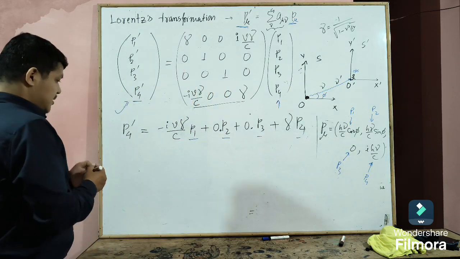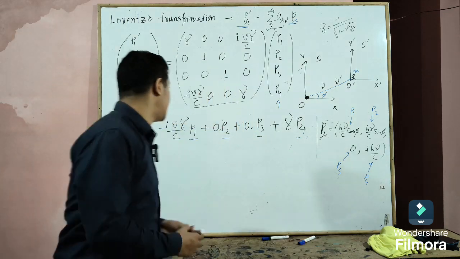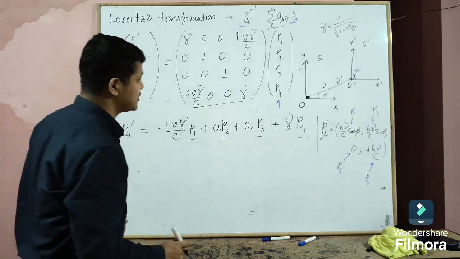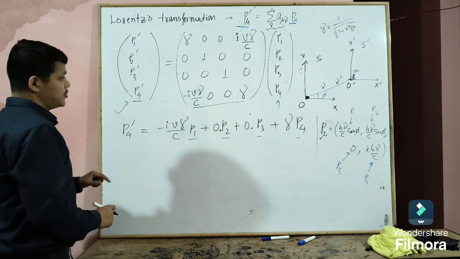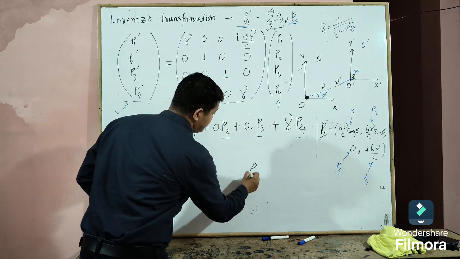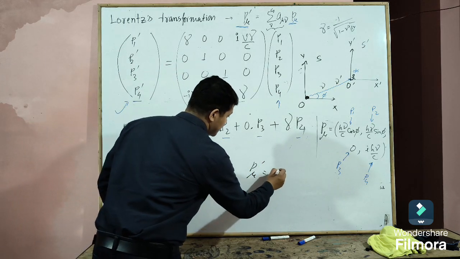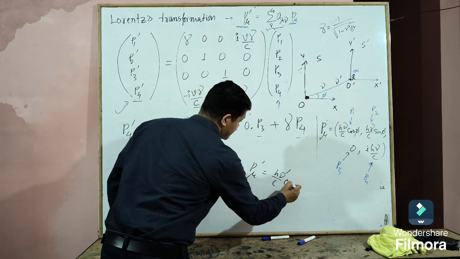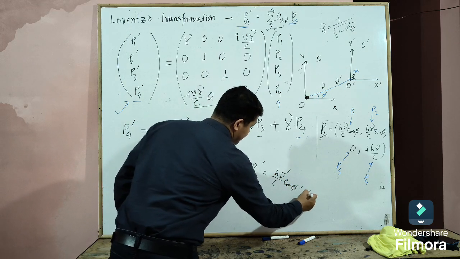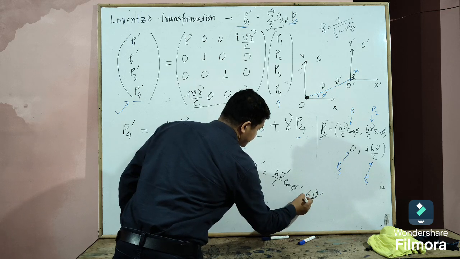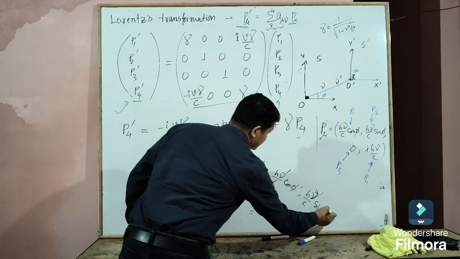Okay, so we also got that p mu dash is equal to h nu dash by c cos phi dash, and similarly h nu dash by c sin phi dash, right.